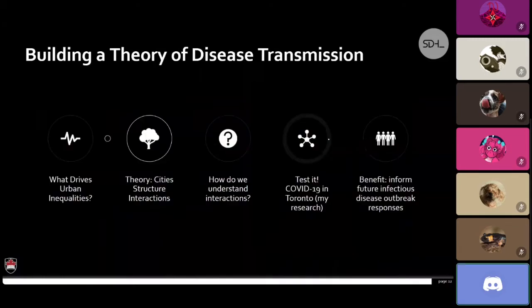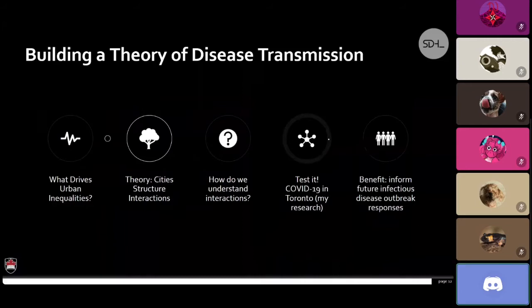So really, when we're looking at disease transmission in the COVID case, we're looking at a few questions here. First off, what's driving urban inequalities? As you can guess, different populations are carrying different shares of the disease burden. So what's driving that?